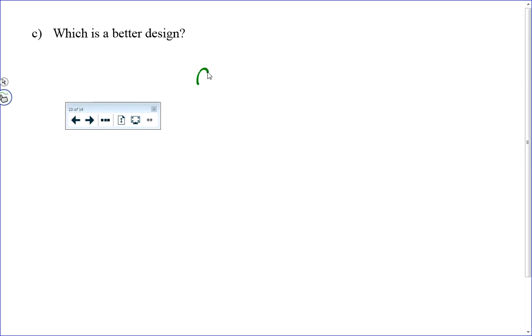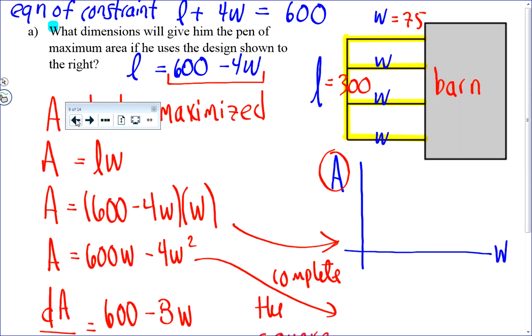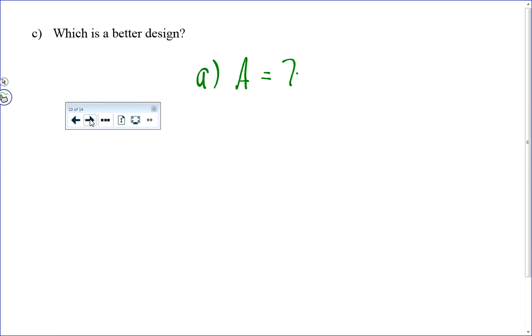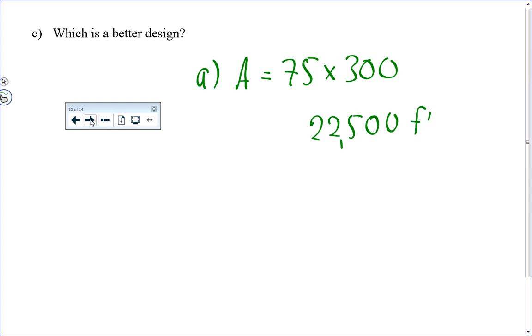Well, in A, the area is, I'm going to have to go back and look at this, I'm sorry, 75 by 300. I want to say that's 225 followed by 2 zeros, but I better check it on my calculator. Yep, 22,500. I'm pretty sure it was in feet, so this would be square feet.